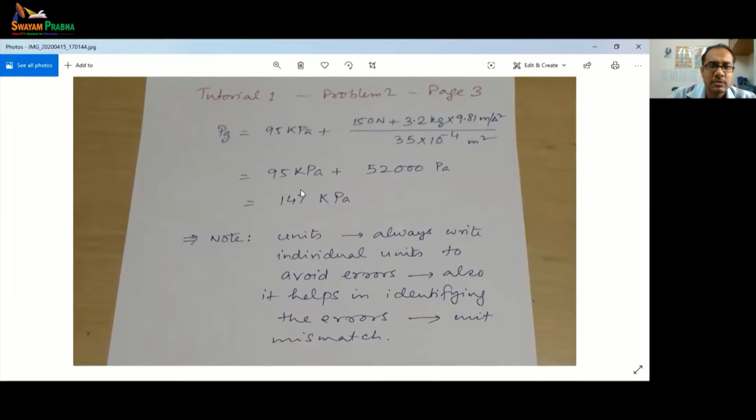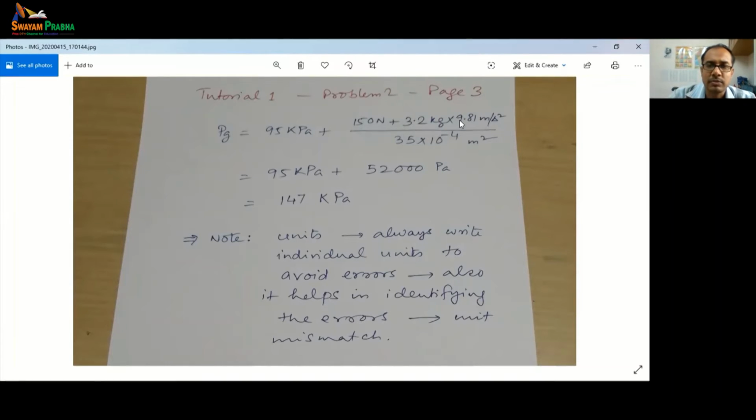So again, we have just input the numbers that are given, which is atmospheric pressure is 95 kPa plus force due to spring is 150 Newton, and the weight, where 3.2 kg is the mass, and 9.81 meter per second square is the acceleration due to gravity, g.